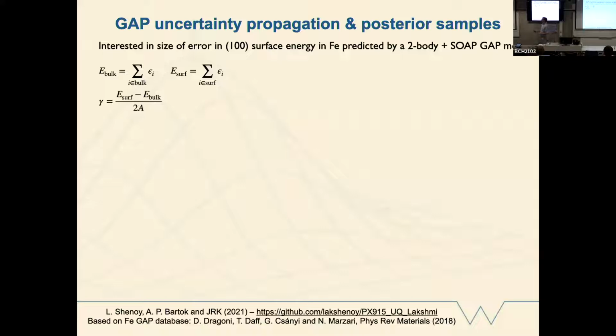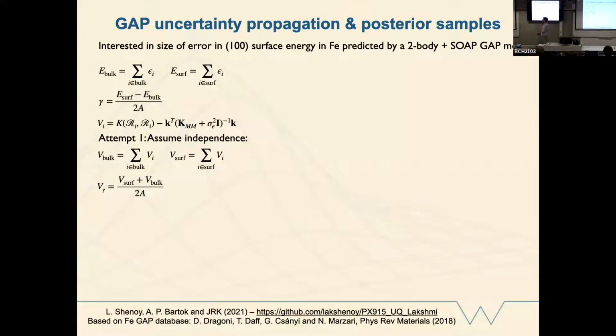So our surface energy is just given by the energy difference between two sums of things that we predict, local energies, for the bulk and the surface. And we can use our posterior variance expression for the individual local energies.